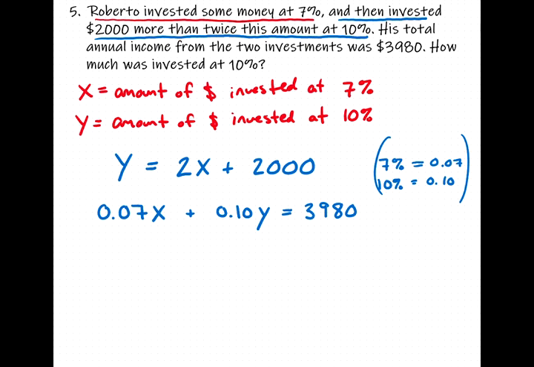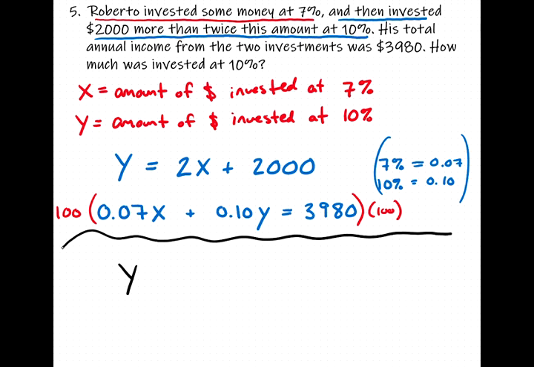And like we did in a previous problem, in my previous video, we could take this second equation and multiply it by 100. That'll just get rid of the decimals. So multiply both sides by 100. It'll move all decimal points over by 2 to the right. Okay, so we have our first equation. So now we're converting this to a system of equations.